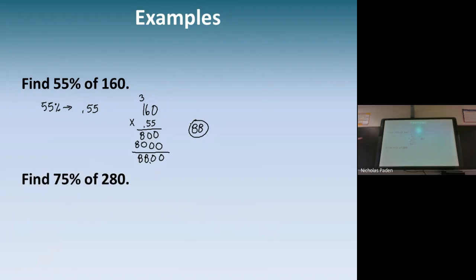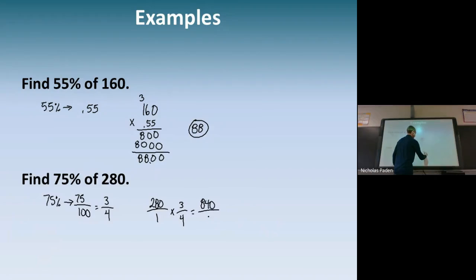And then if you write 75% of 280, I'll do 75% as a fraction just to give you both looks. 75 over 100, and that simplifies to 3/4. So I do 280 times 3/4. 280 over 1 times 3 over 4. So 280 times 3 is going to be 840 over 4, 1 times 4.